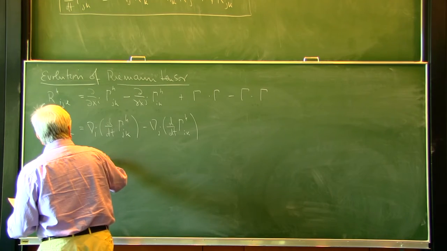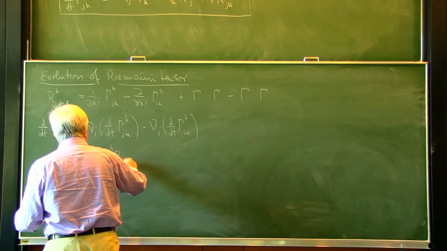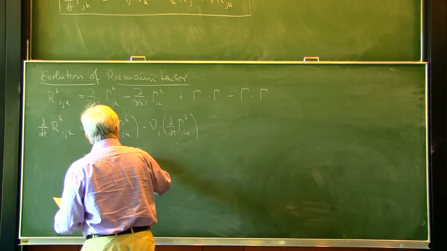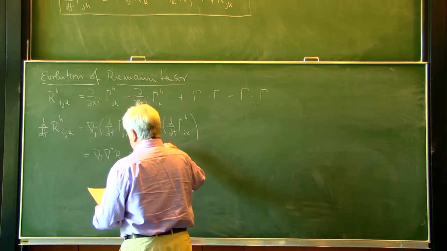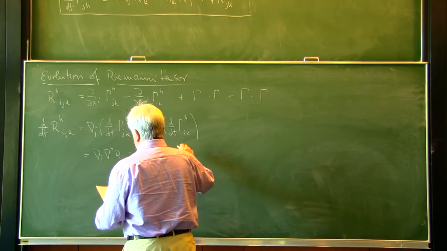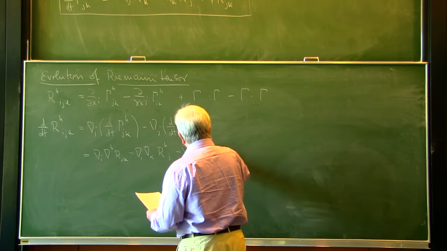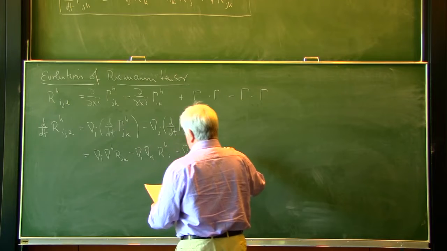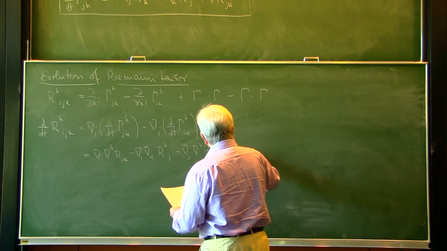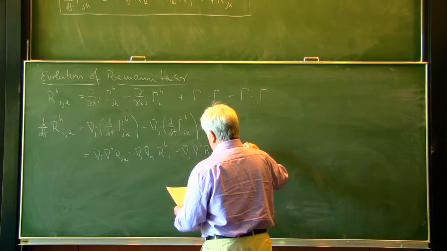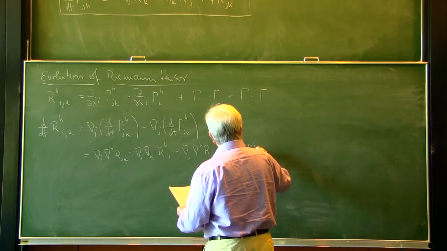We get gradient I, gradient H of R_{JK} minus gradient I, gradient K of R_{HJ}, and minus gradient J, gradient H of R_{IK}, and plus gradient J, gradient K of R_{HI}.